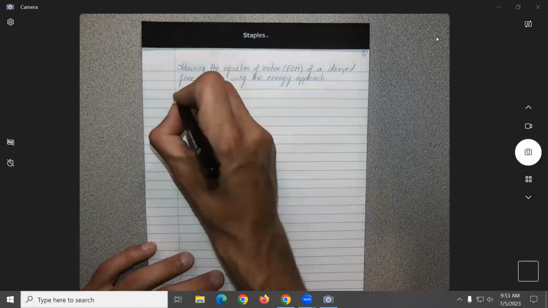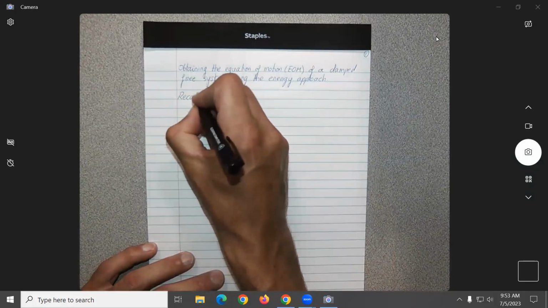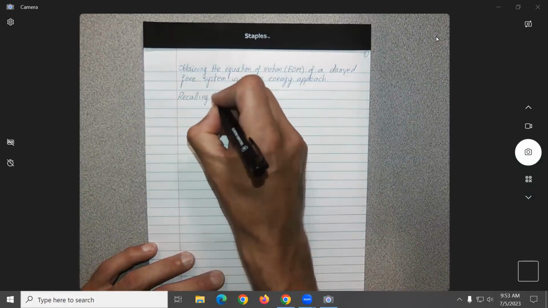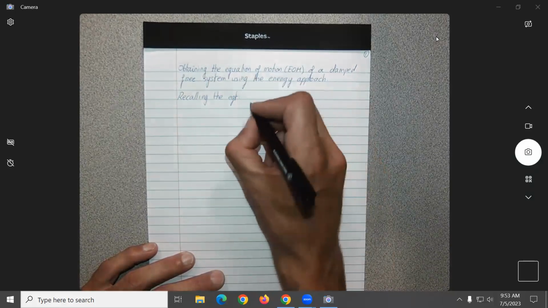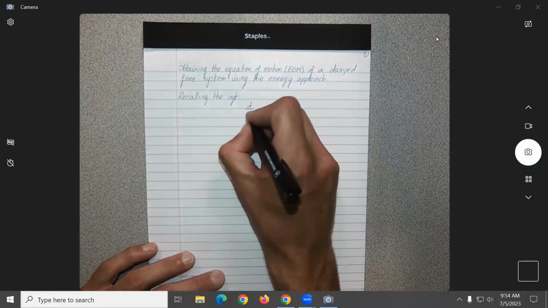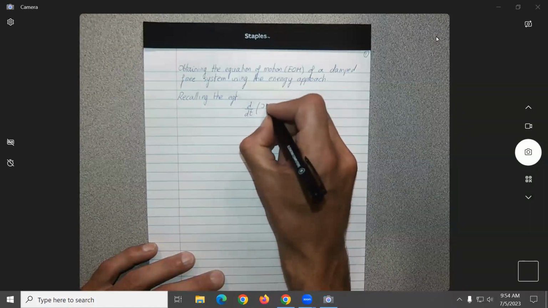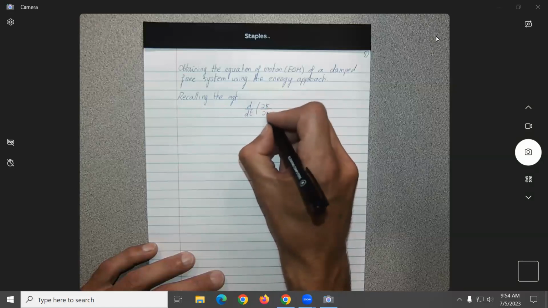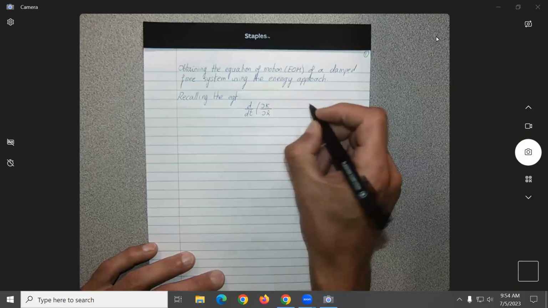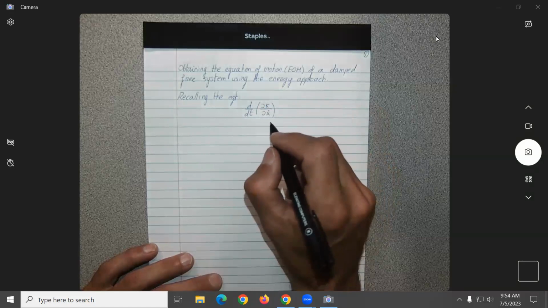So guys, please go back to your notes, but let's say recalling the equation that we derived. I think it was d/dt of partial K over partial x dot. Did I put equal or did I put the minus sign?